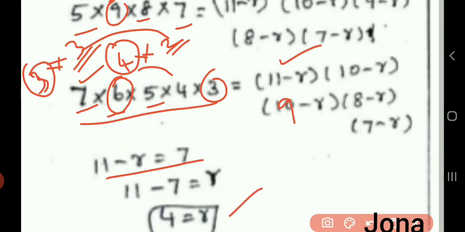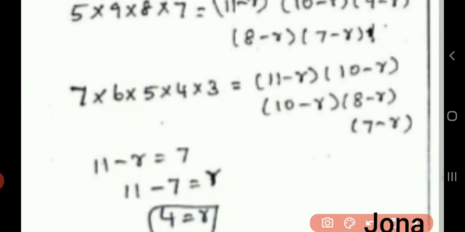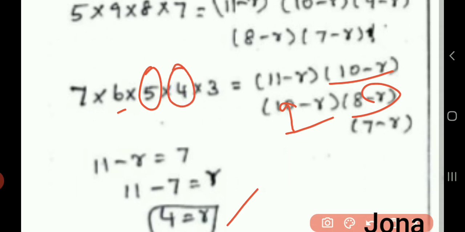You can equate any brackets here. You can even equate 10 minus r to 6, and that time also you get the value of r as 4. You can equate 9 minus r to 5, or 8 minus r to 4, or 7 minus r to 3. Anything you equate there, you will get the same answer: r equal to 4.